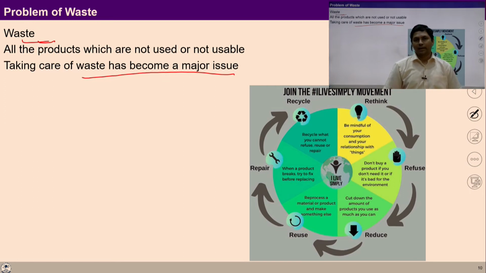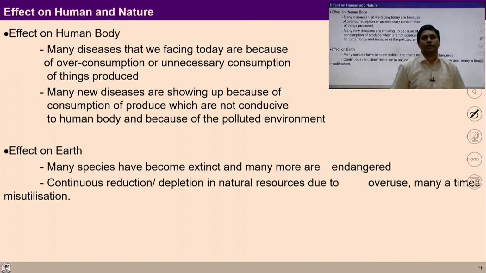We have designed our social system, social structures in a manner that it is not complementary to the rest of the three orders. I think every one of us is aware of these issues and their effect on human and nature.